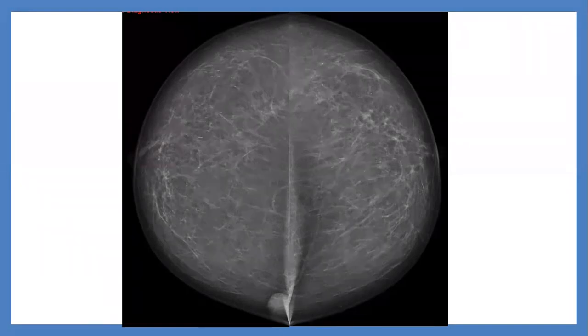At 3 o'clock. Extreme medial, posterior. The lesion is well demarcated. It is equal density to the breast parenchyma and surrounded by a lucent line, indicating that it could be a skin lesion.